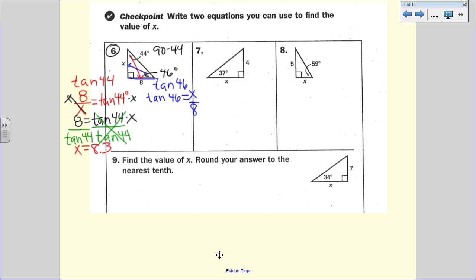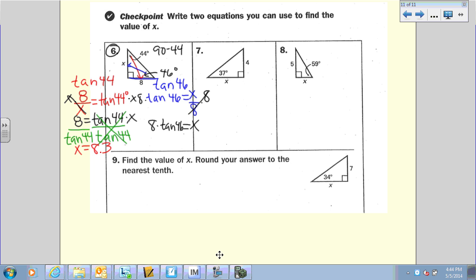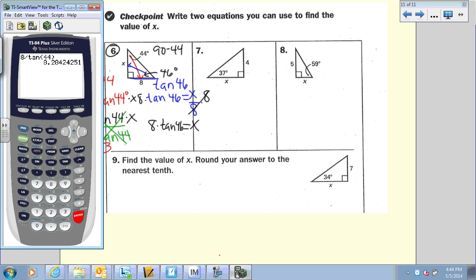To solve that, I'm going to multiply both sides by 8, and we get x is equal to 8 times the tangent of 46. I don't have to do anything more with this problem algebraically. Now I get to manipulate it on my calculator. I have to do 8 times tangent of 46 degrees. Cross my fingers, we should get the same answer, and there it is. X is equal to 8.3.